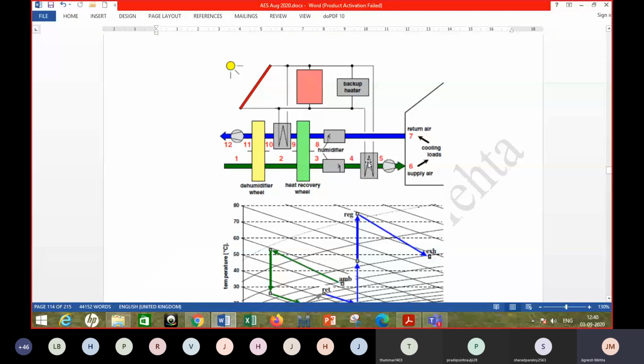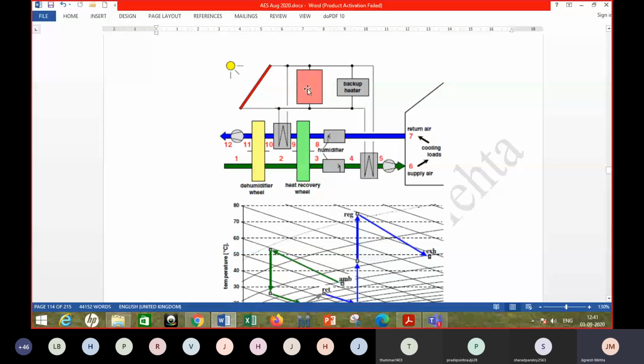Now you may ask, what is this component 4.5? Actually, it's an optional component. It can be used for heating if it is winter time. Okay, and here, if solar energy is not available and still you want to run this system, you can use some kind of backup heating system.